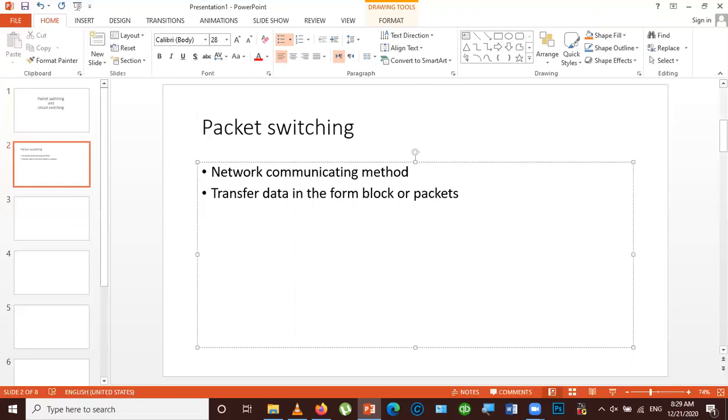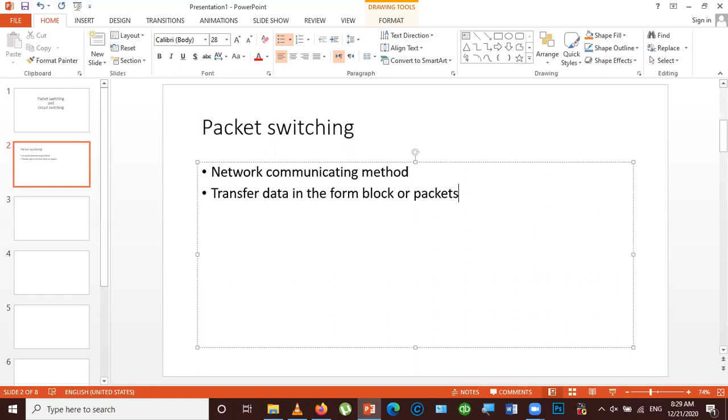Based on the destination address in each packet, when received, packets are reassembled in the proper sequence to make up the message. In this kind of switching, the media capacity is used optimally and the response time is lesser.